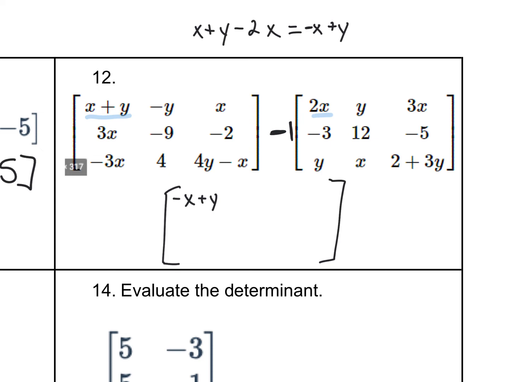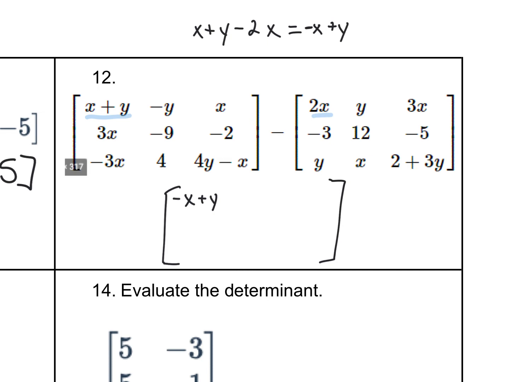Yeah, for sure, okay? If you think that that's easier, do that. If you don't do that, though, just make sure we know we're subtracting. Make sure we know that the terms in that second matrix are going to be subtracted.